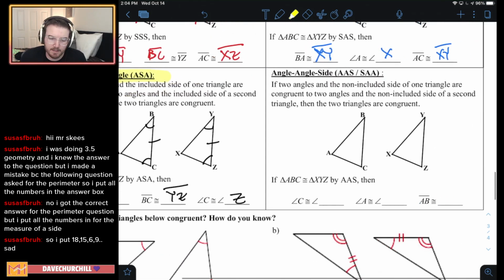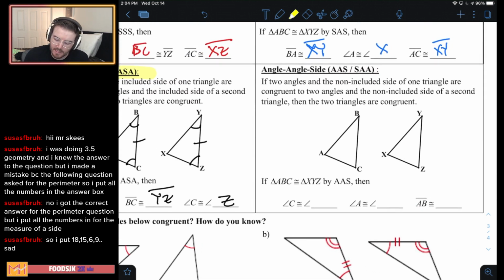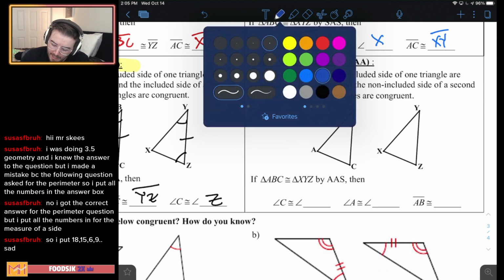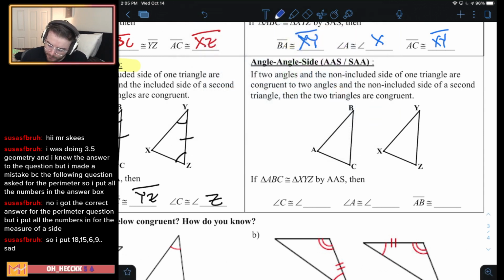And then the last method of congruence is angle, angle, side. If two angles and a side, angle C with Z and angle A with X, and AB with XY.